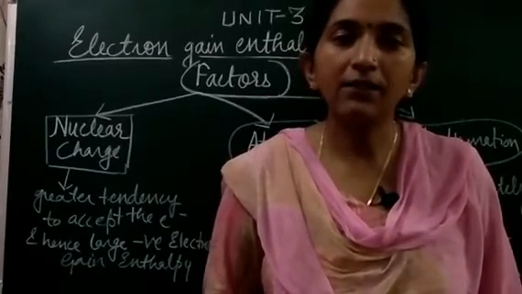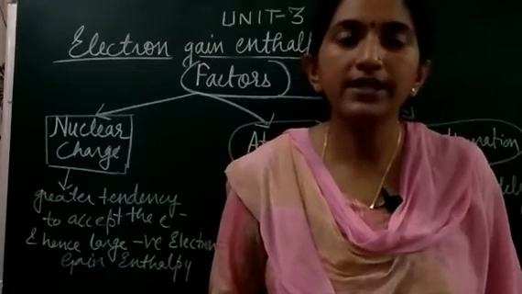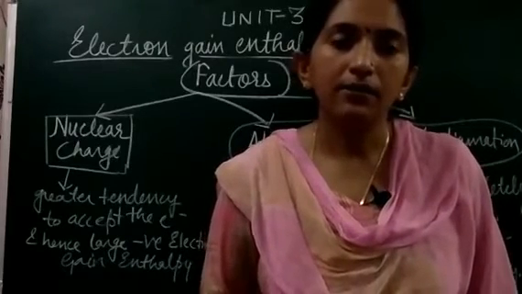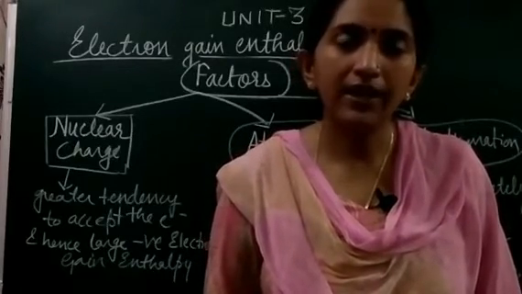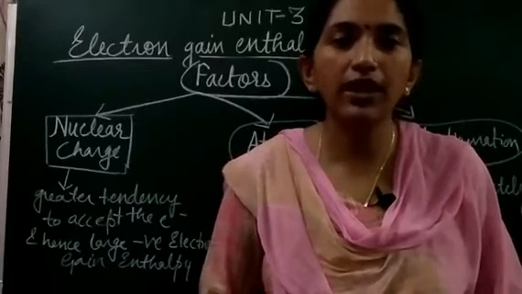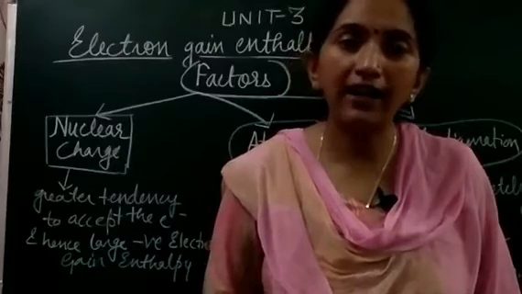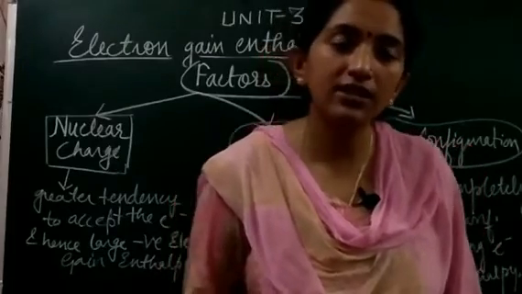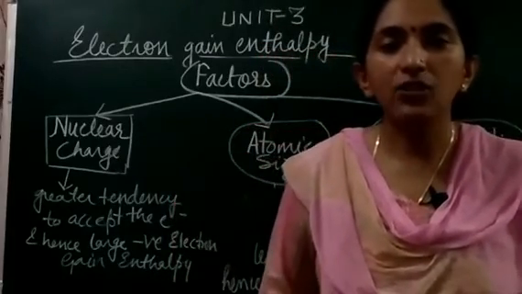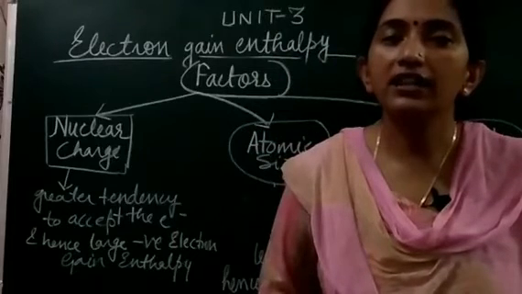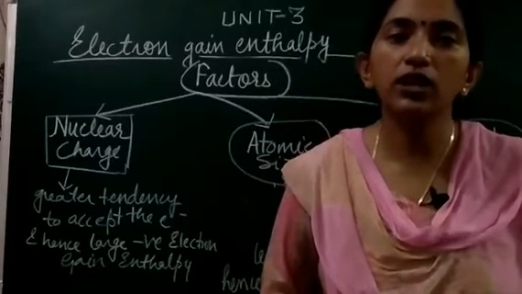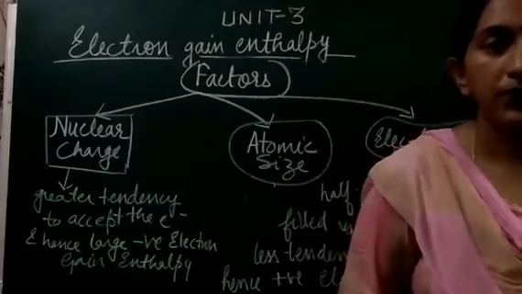That means the negative electron gain enthalpy is going to get zero. So if we have to add that electron, we have to supply extra energy, and at that time the electron gain enthalpy is going to change from negative to positive value.